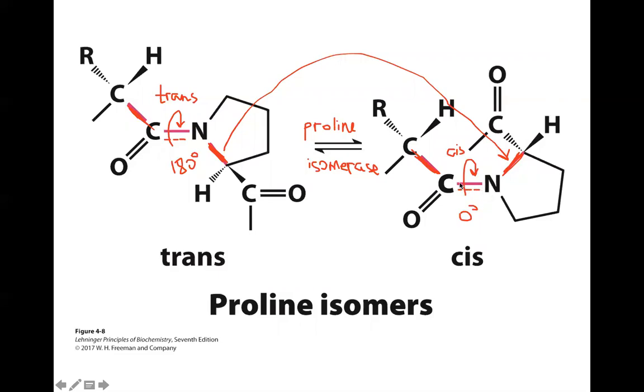So it's somewhere in between single and double. Since it actually requires an enzyme to go from one to the other, I would prefer to call this a configuration, right? So it cannot freely rotate between trans and cis.